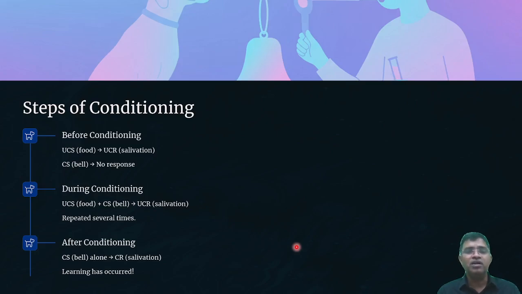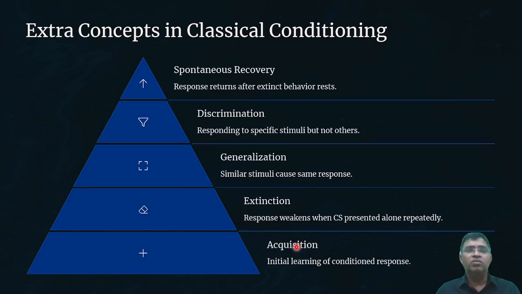It is repeated again and again. After conditioning, the conditioned stimulus, the bell alone, gives conditioned response, salivation. So learning has occurred. Then here, some more concepts in classical conditioning.